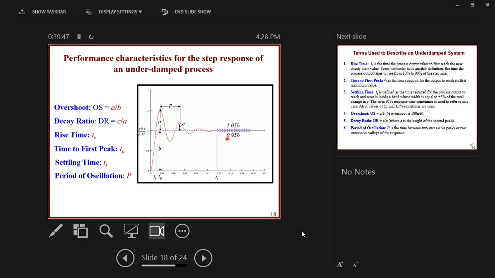This band is located between 0.95 B, this is B, and 1.05 B. So if the curve reaches a location in between these 2 points, then we say that we have reached the settling time, and we measure the TS. And of course, P is the period of oscillation. These different characteristics will enable us to judge about the different properties of the dynamics of a second order system.